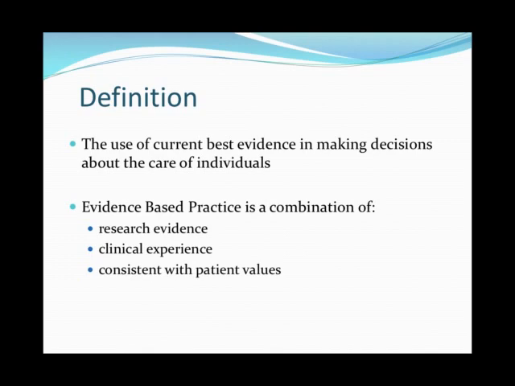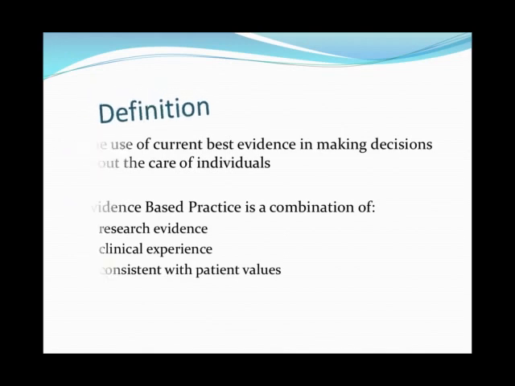We want to be looking at the evidence, looking at the research, but then we want to combine that with our clinical experience and our clinical judgment as a doctor. And then we want to also consider the patient's values and what they're wanting, because maybe something that is good for one patient is not good for another patient, just like we talked about in the last lecture on shared decision making.